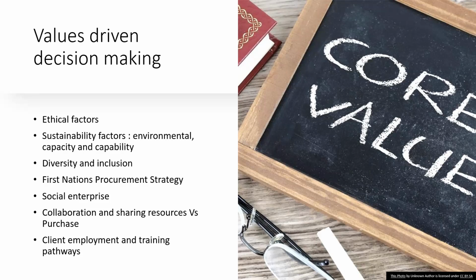So, think about your values as an organisation and how that flows through into your procurement decisions. We talked today about client employment and training pathways as part of your procurement decisions. Ask yourself, is this an opportunity for us to employ a tenant or employ a client?